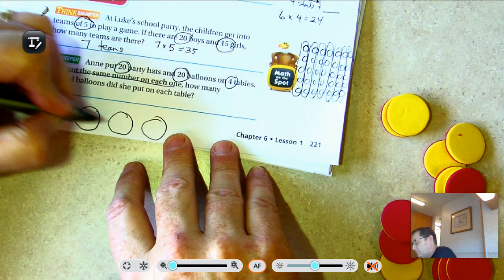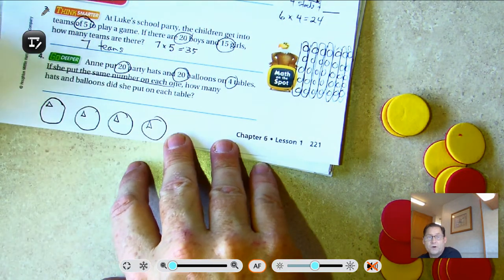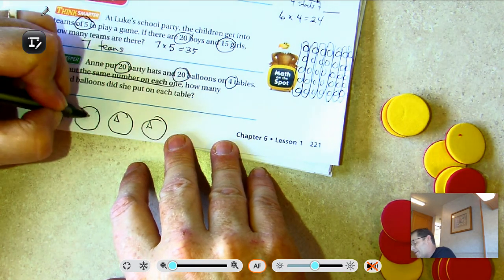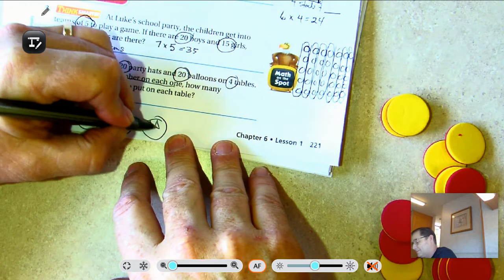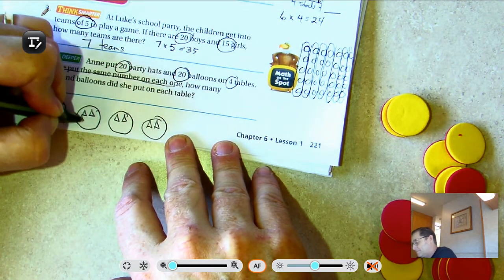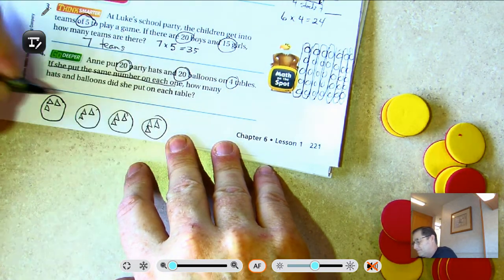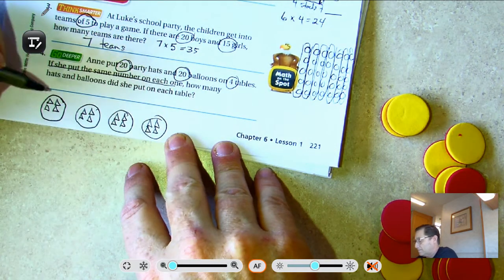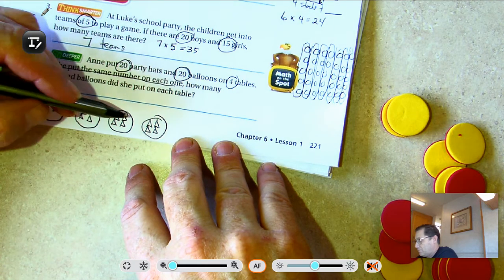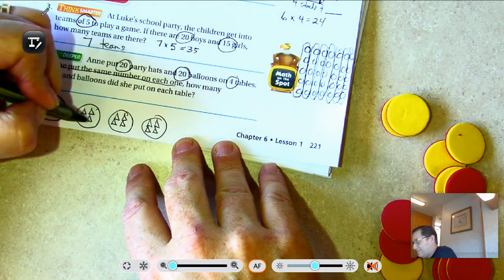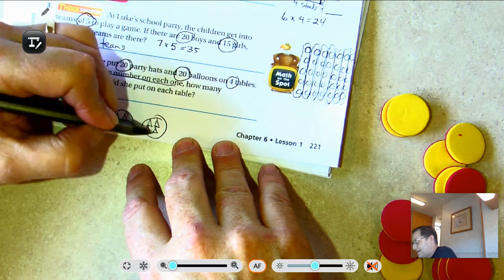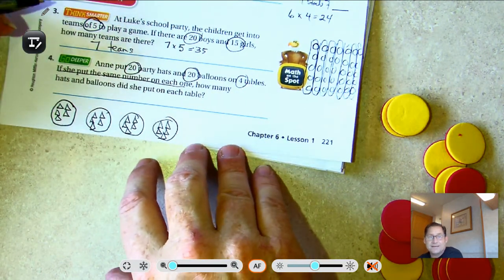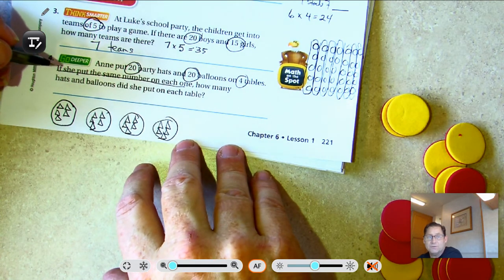So 1, 2, 3, 4. So I'm going to share 1 party hat with each table and then go back and keep sharing until I've shared all 20. Four, 8, 12, 16, 17, 18, 19, 20. All right, so I've shared all the party hats, and there's 5 party hats at each table.